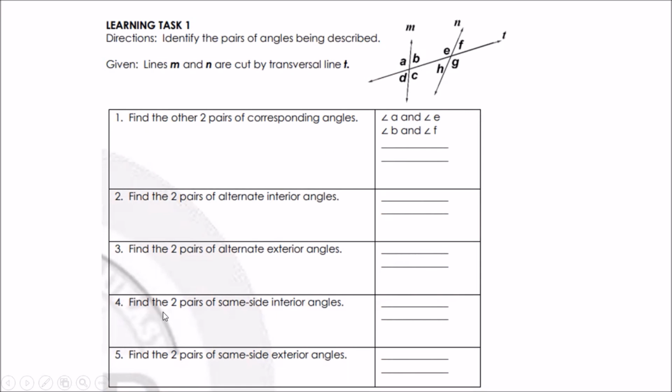Number 4, two pairs of same side, the same side meaning both on the top and both on the bottom of the interior angles. And the same also in exterior angles. So that is learning task number 1. I hope what to do in learning task 1 for this week is clear.